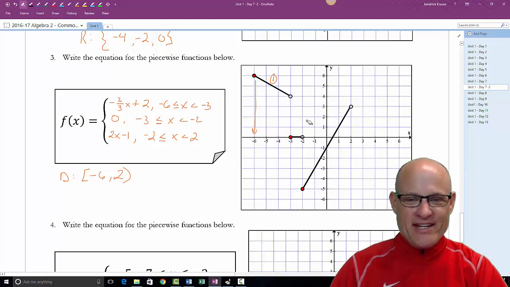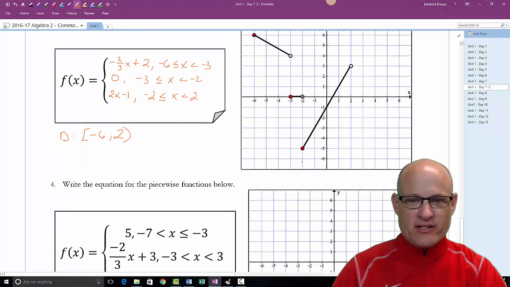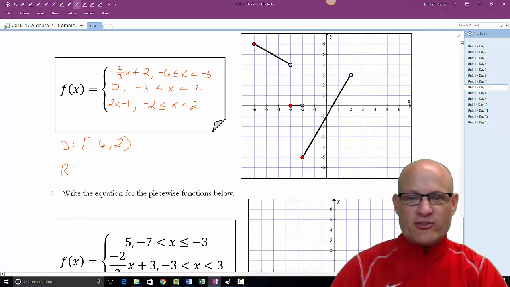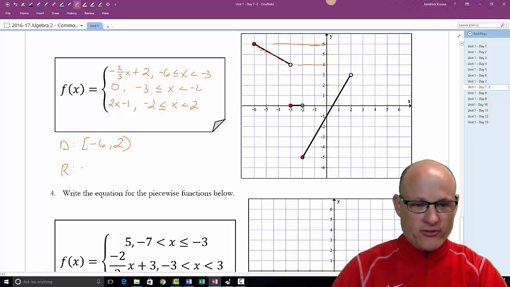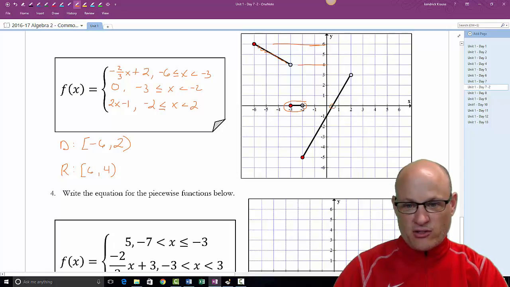Now, the range is a little bit freaky deaky. This range would be very difficult to write. Not very difficult, but you got 3 pieces. You have some continuous pieces where you have a nice line that's going to include all these values from 6 to 4. So that's your first piece. Bracket 6 to 4 doesn't include 4. 0, this piece right here is 0, but 0 is also included in this piece.